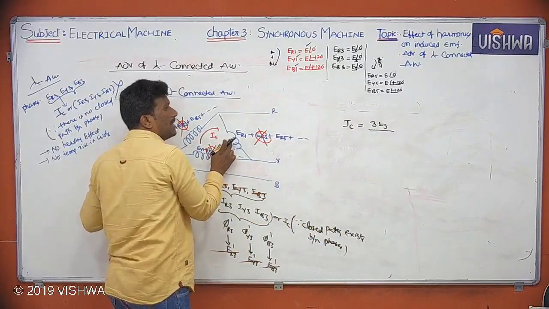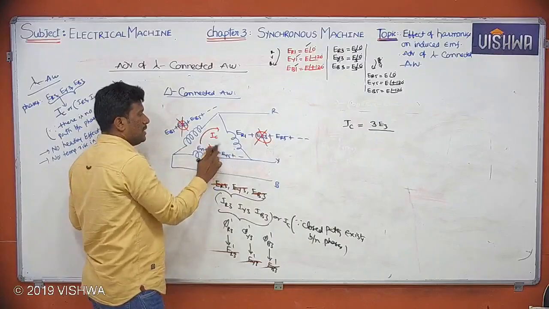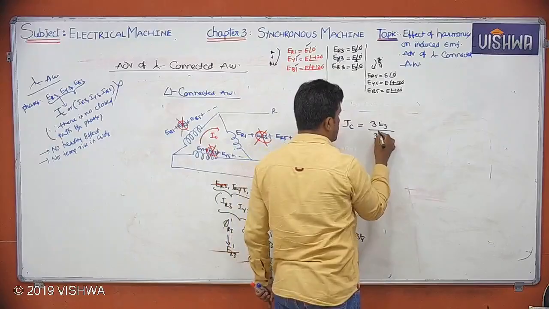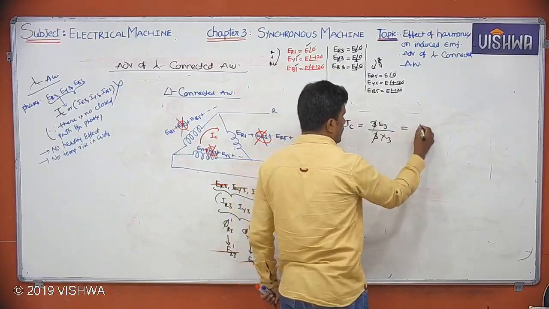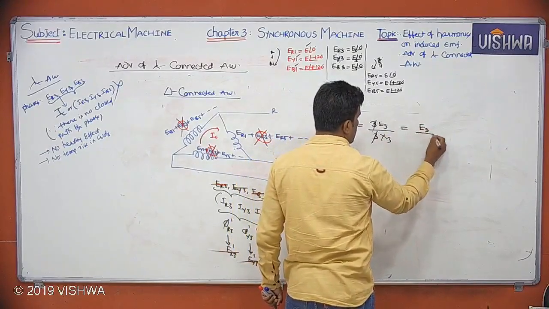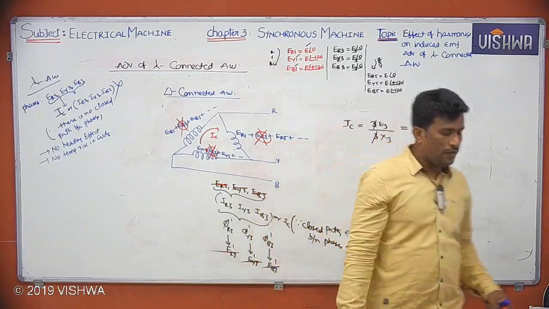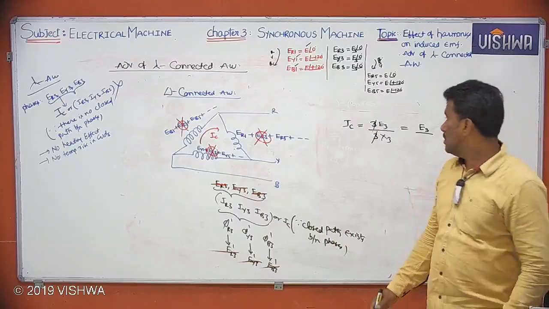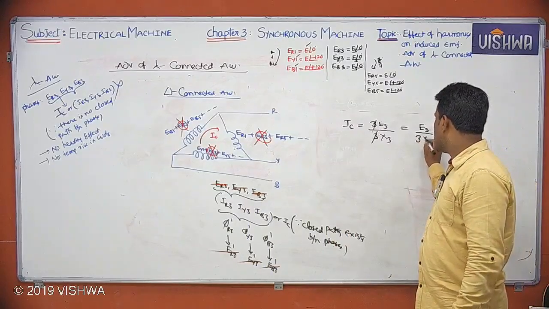the reactances X3, X3, X3. I can say here 3 times X3. Let me cancel 3 and 3. What is this value? E3 by X3. So what is the value of X3? You can write here 3 times X1.